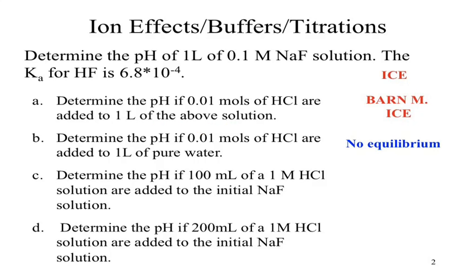It's an interesting problem, because if we started this off and we looked at sodium fluoride and then this Ka, what would you immediately start to think? Probably would have to do a conversion, because sodium fluoride is a base. Turns out we added enough acid to overcome the effects of that base, and we don't have to worry about it.